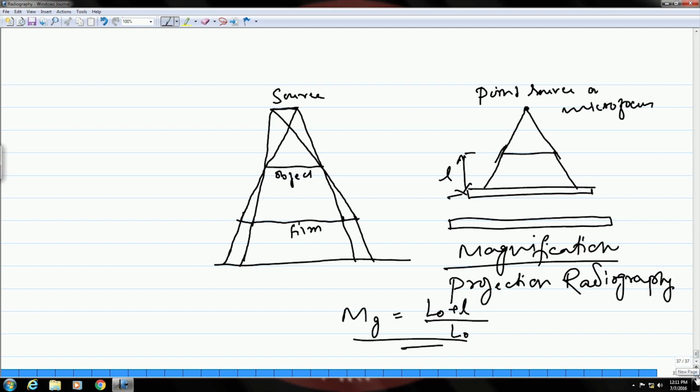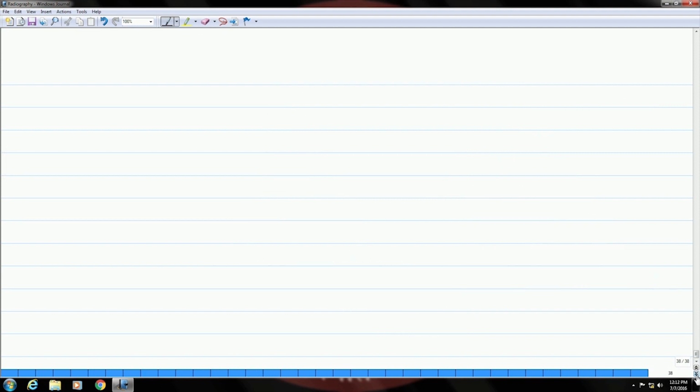The other advantage that you have in case of point source is what is known as depth of focus, which means up to what depth can you focus the sample for a single exposure.